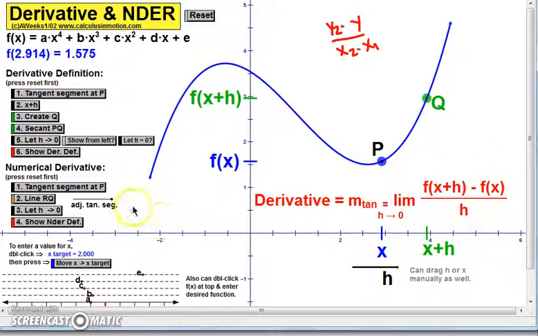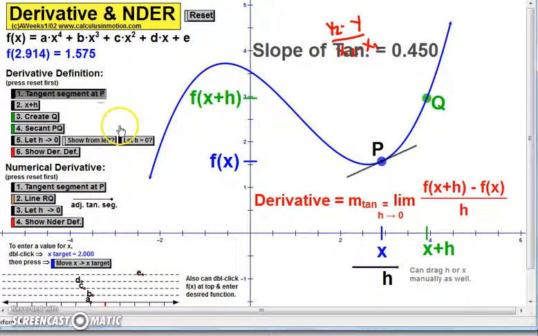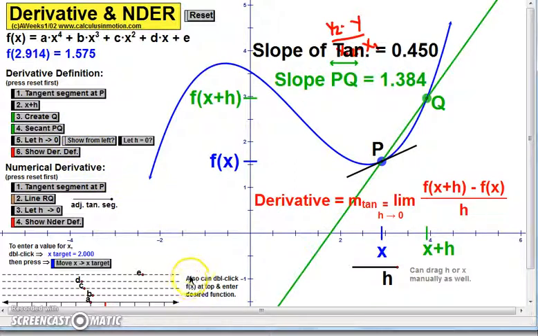So how we get this derivative, what we're trying to get to is the slope of the tangent line. So we have the tangent line at P right here. We're going to try to make this secant line from P to Q a tangent line. So the secant line has the slope between P and Q, which is represented with this. Now how we're going to do this is this limit as h goes to 0. So this distance between x and x plus h, remember, is just h.